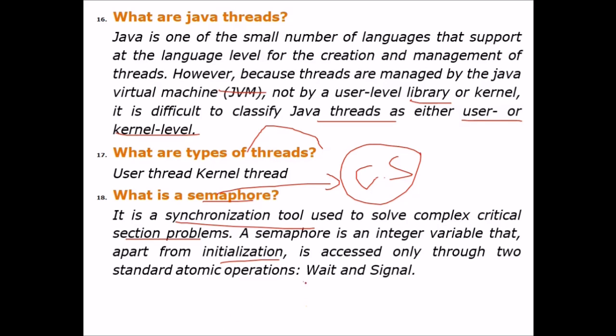These are wait and signal. Wait decreases the integer by one, and signal increases it by one. By this, synchronization is achieved: if a wait is in effect, no other process can enter the critical section, and vice versa.